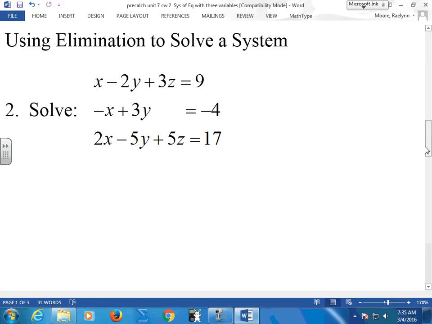So if you looked at this set of 3 equations, this guy does not contain a z. So if we took these 2 and we combine them somehow to eliminate z, then we can combine that result with this one and eliminate either x or y. Right? You keep eliminating. This is a process of elimination.